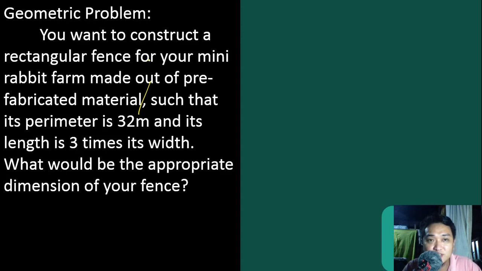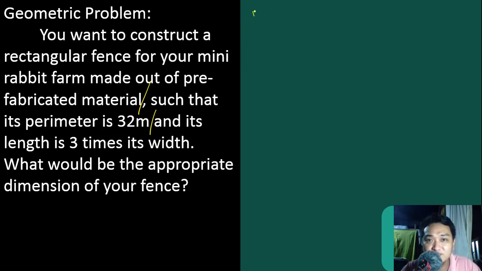You want to construct a rectangular fence for your mini rabbit farm made out of prefabricated materials, and kadalasan yung mga prefabricated materials minsan ina-assemble na lang sila, hindi na kailangan putulin, na-assemble na lang, such that the perimeter is 32.